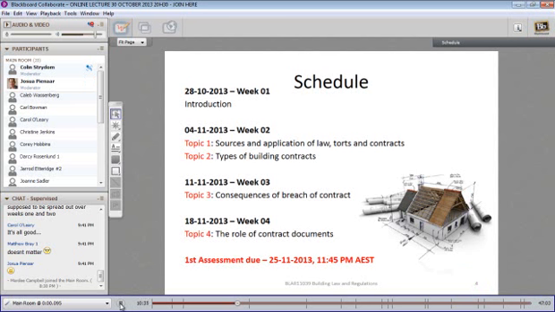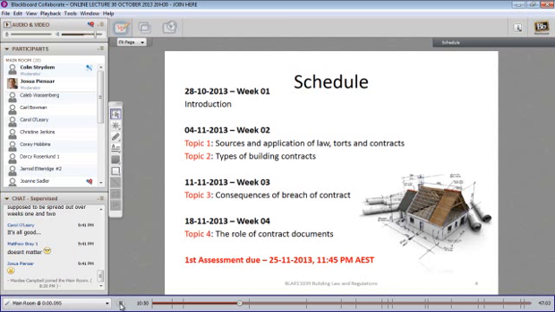So I'm on the PowerPoint, it's topic 3, but as I said, it's actually topic 4, the consequences of the breach of contract. Now, you can set up the consequences of the breach of contract in two sections.